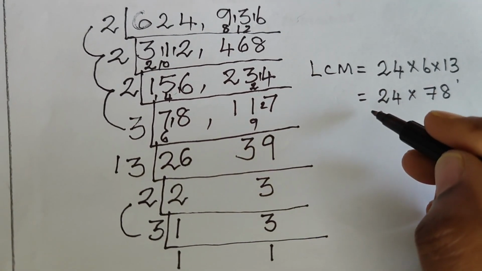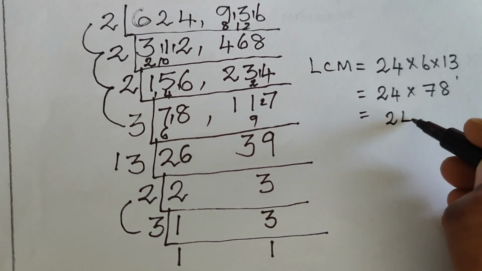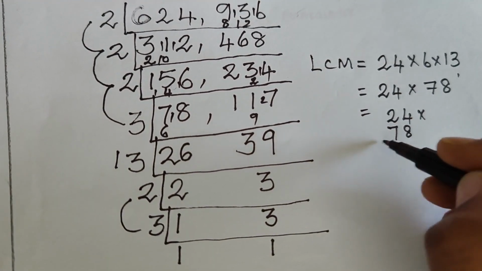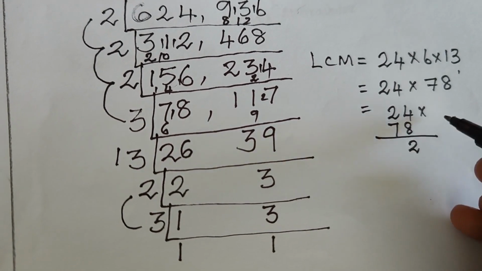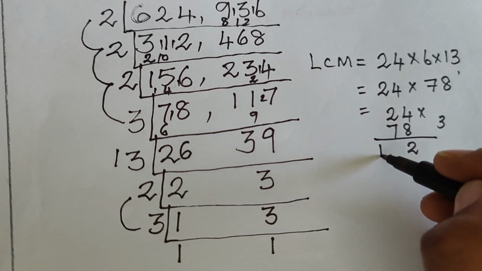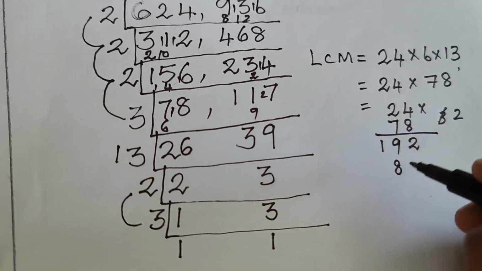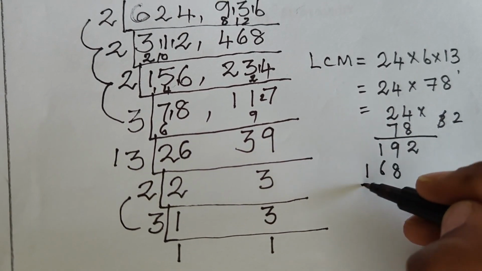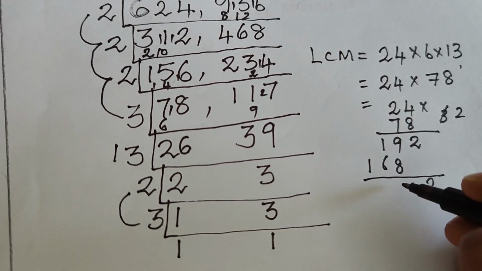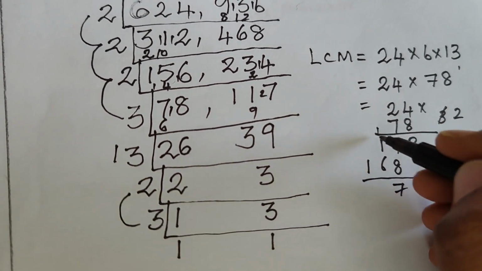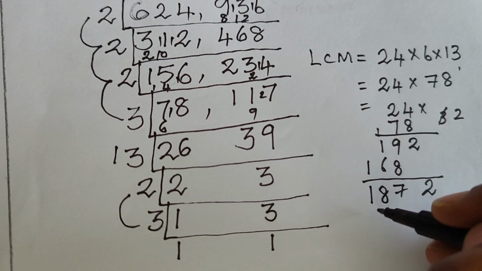So we must multiply 24 into 78. 4 8s are 32, 3 balance, 2 8s are 16 plus 3, 19. 4 7s are 28, 2 balance, 2 7s are 14 plus 2, 16. 2, 9 plus 8, 17, 1 balance, 8, 1.